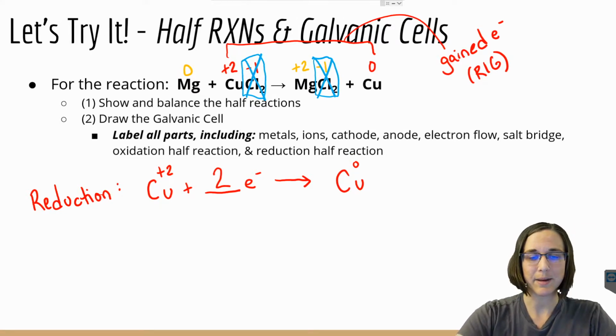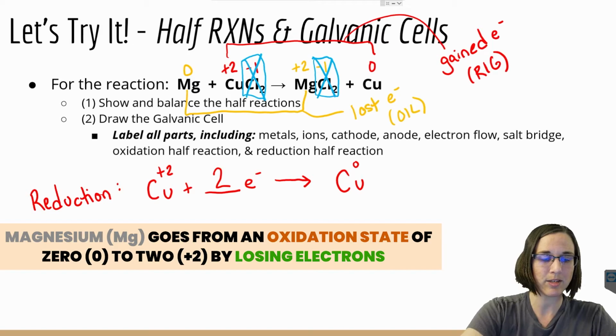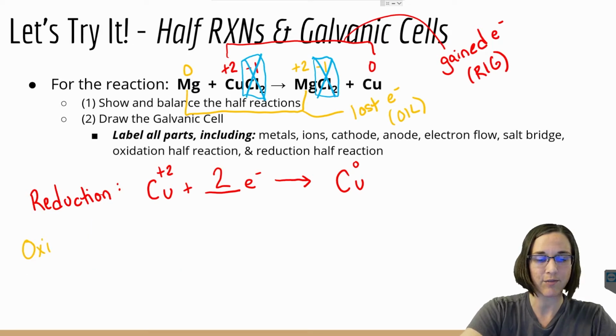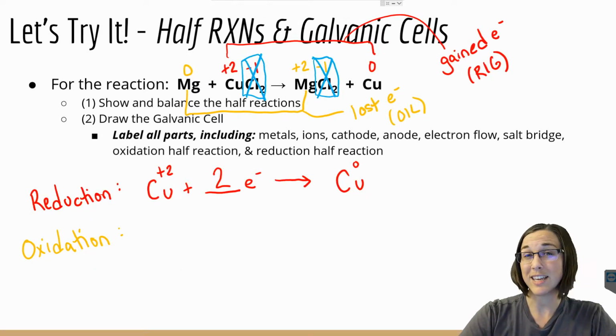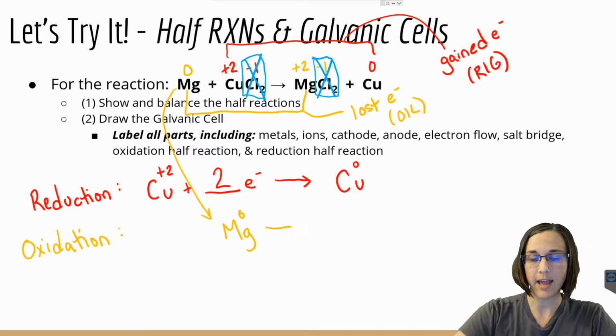Now for the magnesium. When we look at magnesium, we went from 0 to +2 charge. That means we went from something more negative to something positive, so we must have lost something intrinsically negative, i.e. electrons. That applies to our OIL part, therefore we know that magnesium is going to represent our oxidation half reaction. For the oxidation half, we're going to write magnesium 0 from the reactants over here, and I'm going to line up my arrows.